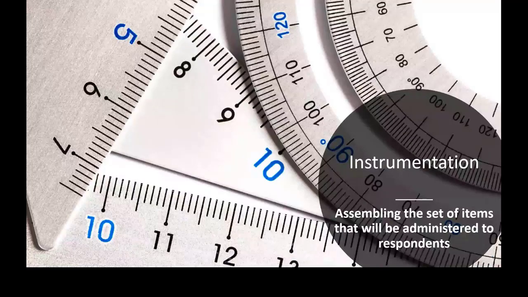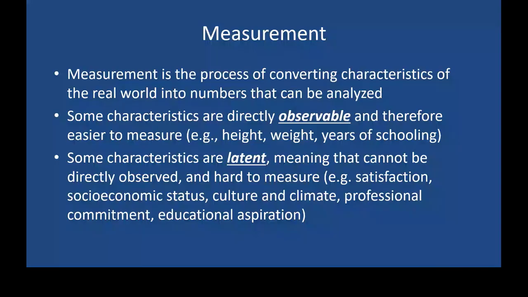Measurement is a process of taking characteristics of the real world and turning those into numbers that you can use for analysis. And in some cases, this is fairly straightforward, more or less. Some things are what we call directly observable. I mean, you can see them, right? You can very easily count or measure them. So height, for instance.